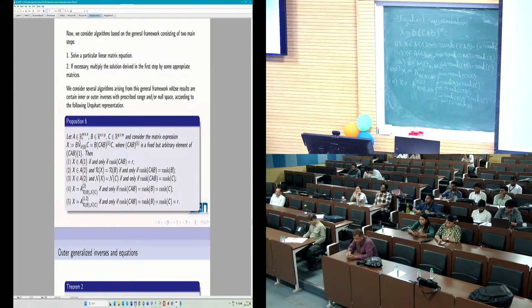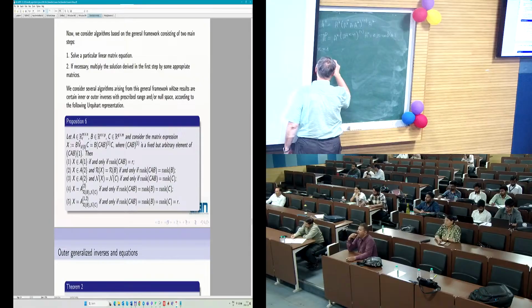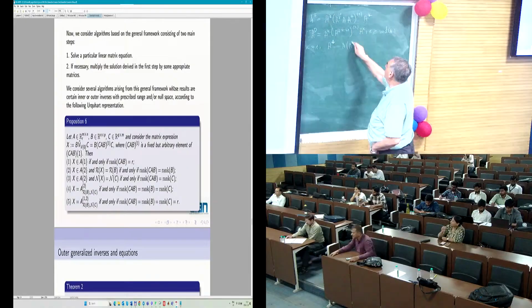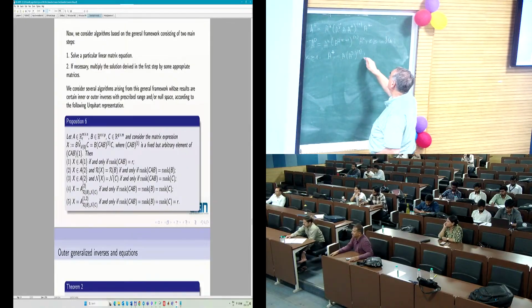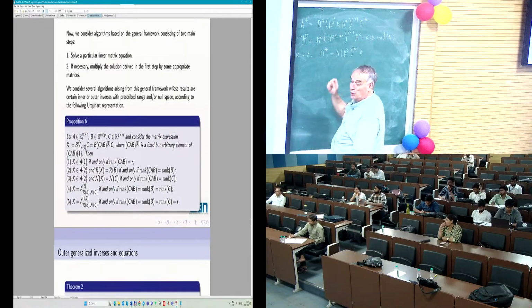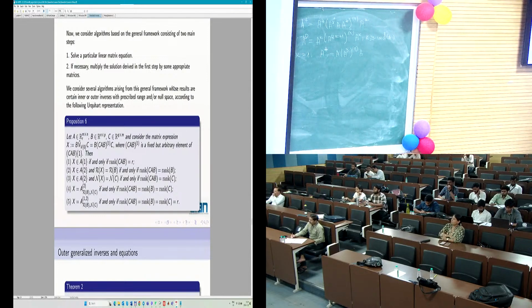A power k plus 1. The best choice is just the index of A, or to be bigger than the index of A. The result will be the same, but the simplest computation is if the index is equal to 1, A power 3, 1 inverse arbitrary. We used Moore-Penrose inverse instead of an arbitrary 1 inverse, because Moore-Penrose inverse is the most popular.